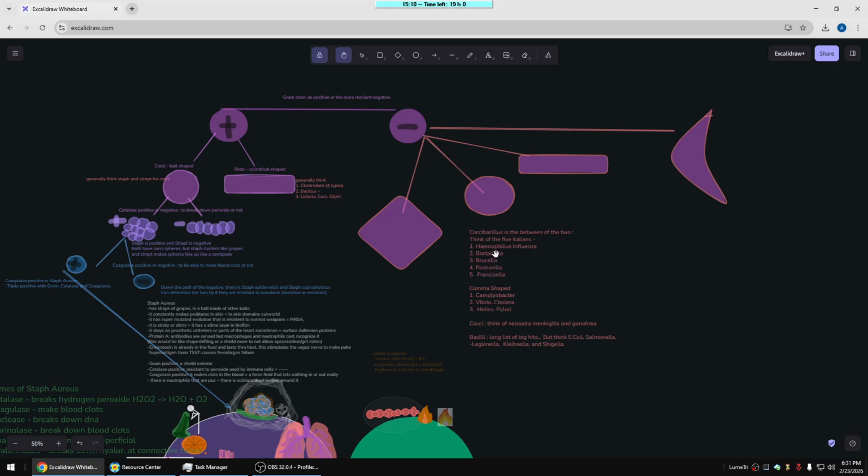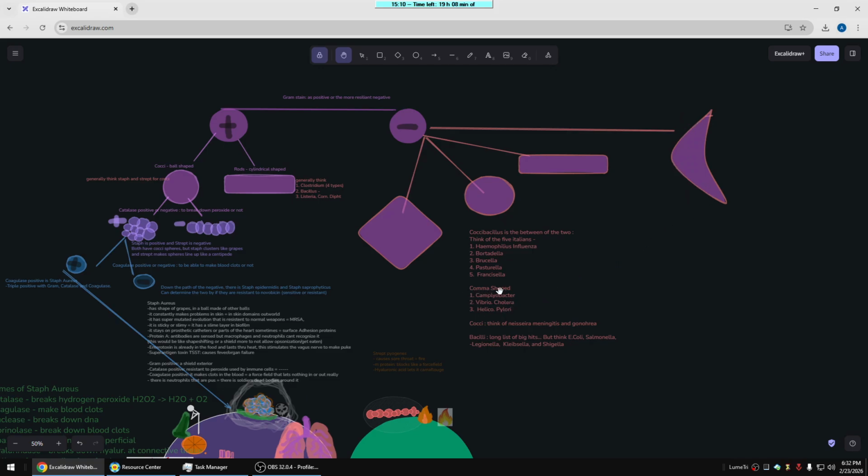So the five Italians for coccobacilli are Haemophilus influenzae, Bordetella, Brucella, Pasteurella, and Francisella. So these five are very Italian sounding. You could think of Ella, influenza, Bordetella, Brucella, Pasteurella, Francisella. And also there's another shape, it's more comma shaped.